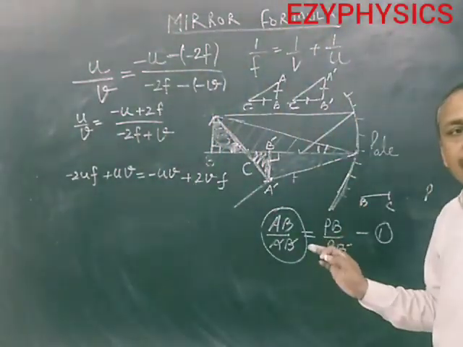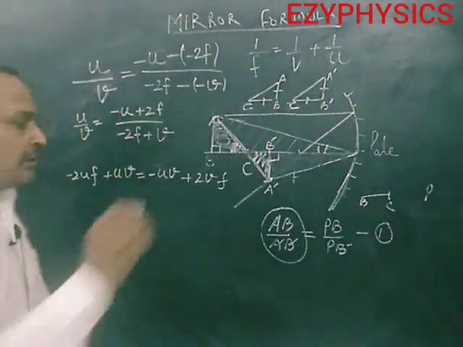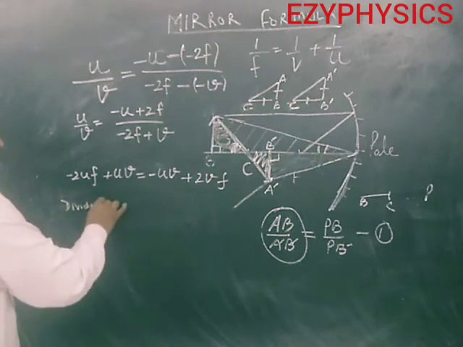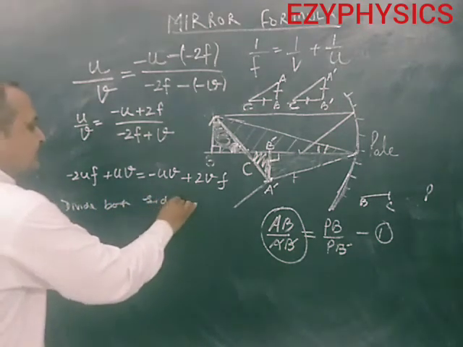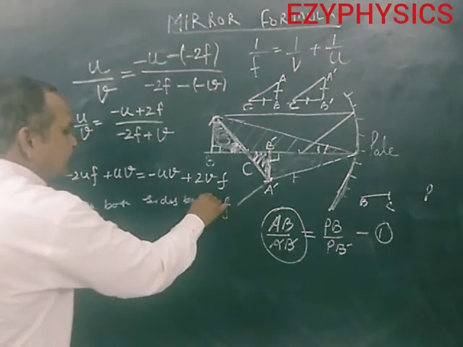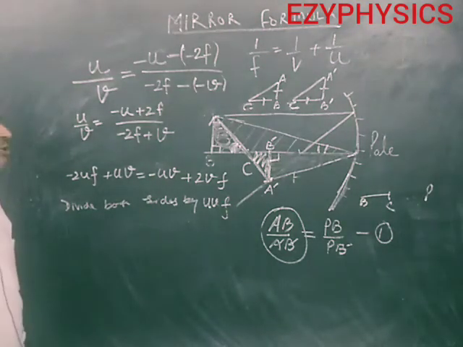Any doubt? Now what we can do, this is a very important step: divide both sides by u, v and f.